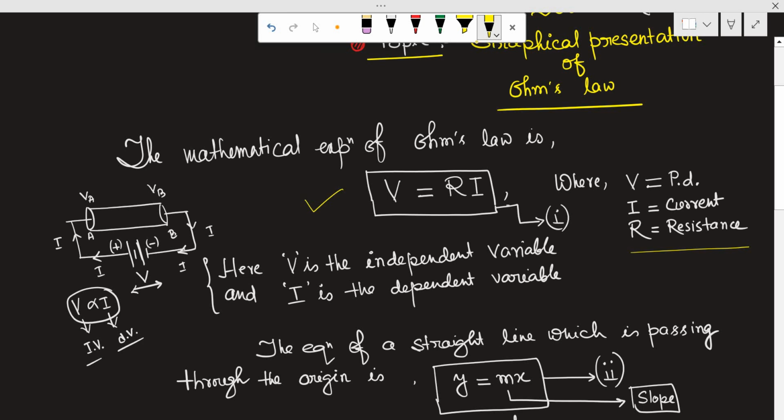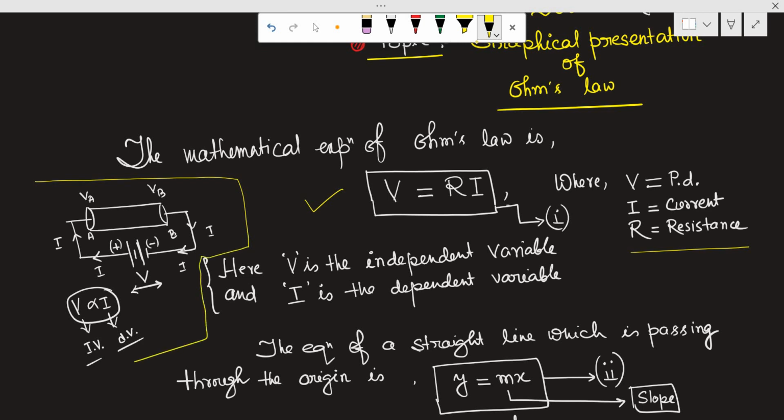And we put this as equation 1. So here I am drawing the circuit to analyze a little bit about the independent variable and dependent variable.